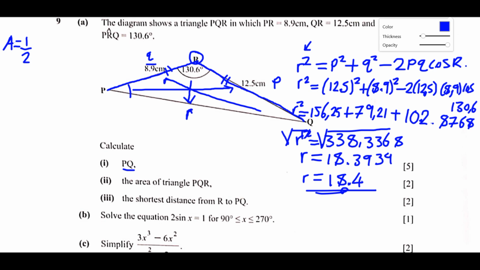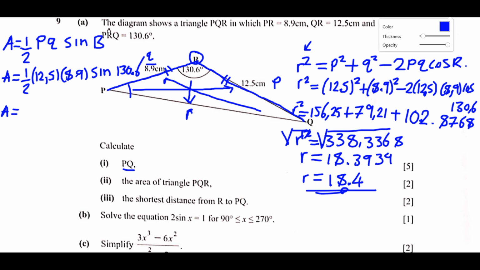So these are the two distances that you're supposed to use. So you say half pq sine of the angle given. So you say half, the distance for p is 12.5, then for q, 8.9, sine 130.6.